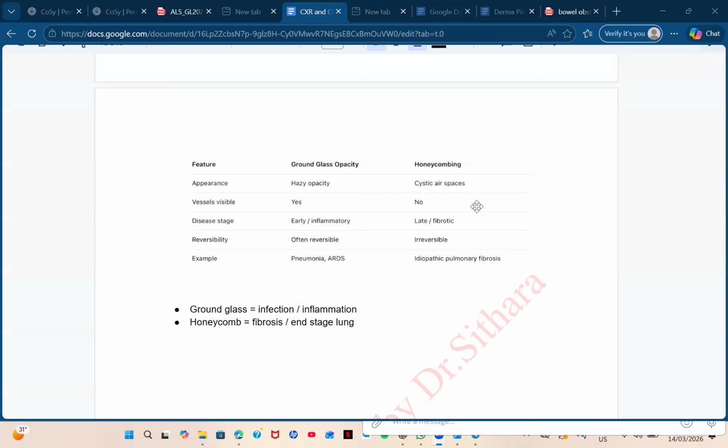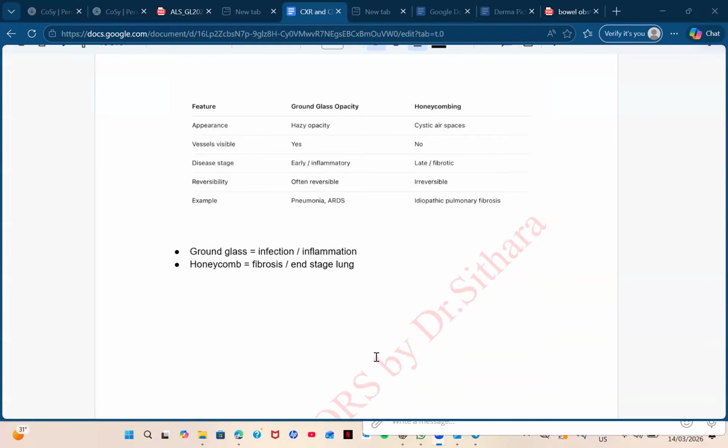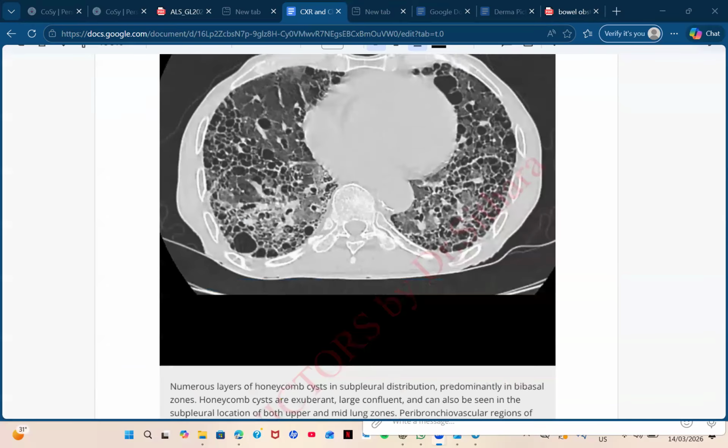And the early stages of interstitial lung diseases. So remember, ground glass opacity we can see in infection and inflammation, while honeycomb is a severe form, the fully fibrosed end stage of lung fibrosis.